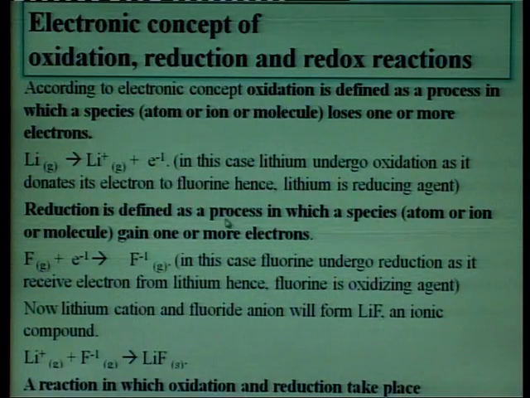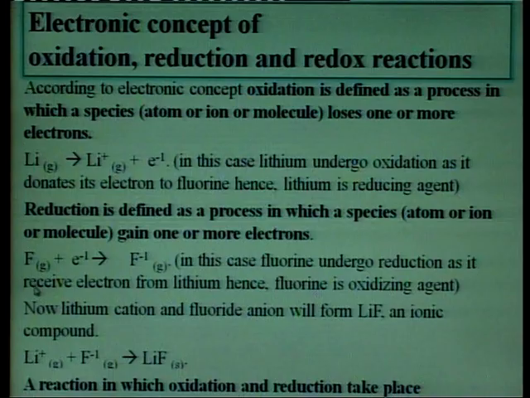Reduction is defined as a process in which a species, with the same meaning of species as previously, may be an atom, an ion or a molecule, gains electrons. So, reduction is defined as a process in which a species gains one or more electrons.